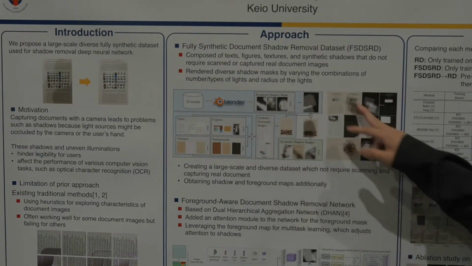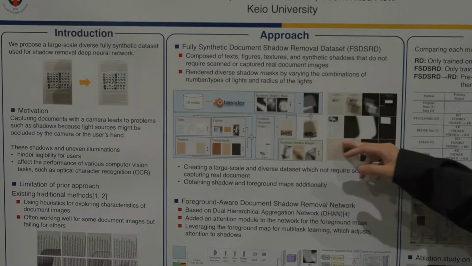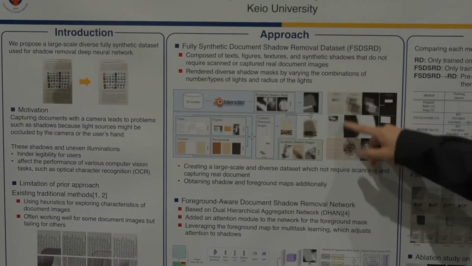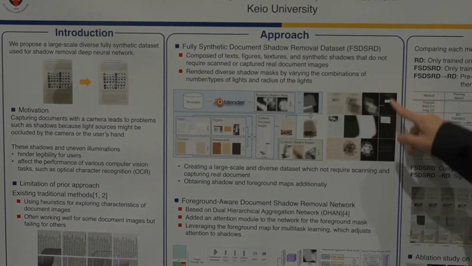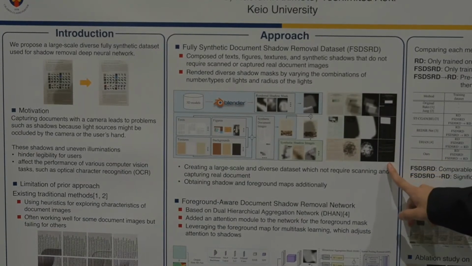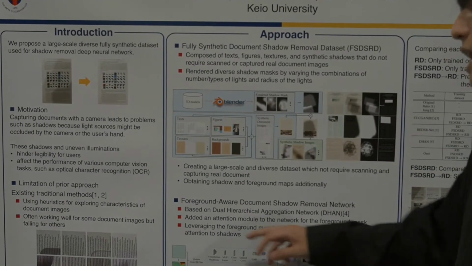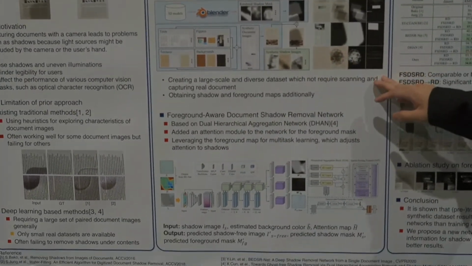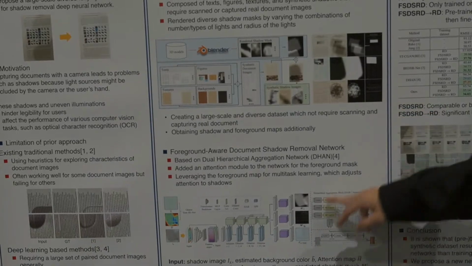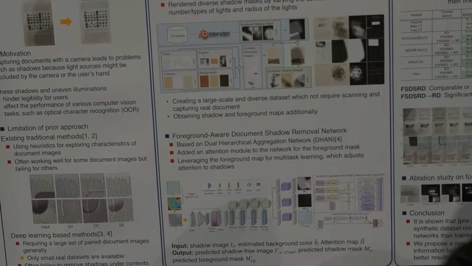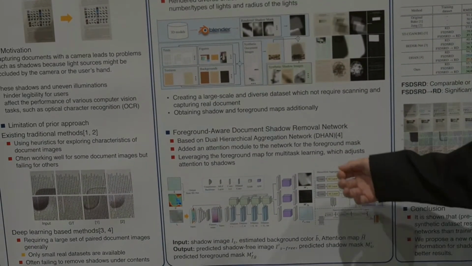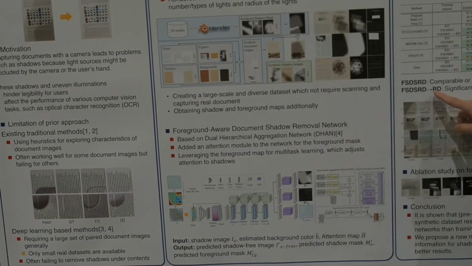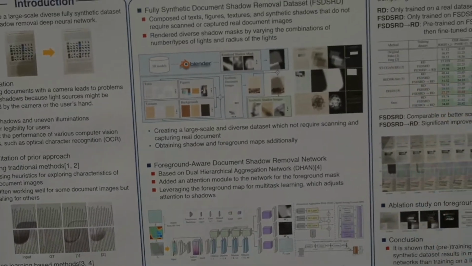So these datasets are created from scratch, so we can easily obtain ground truth images, shadow images, shadow masks and foreground masks. And so we have proposed a network that can utilize these masks as a teacher signal for multitask learning. And our network achieves better results compared to other networks.